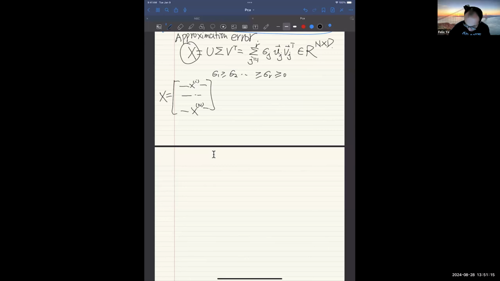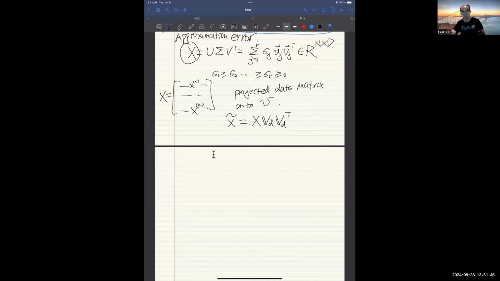Then the projected data matrix onto V, which is X2, will be X times VD VD transpose.